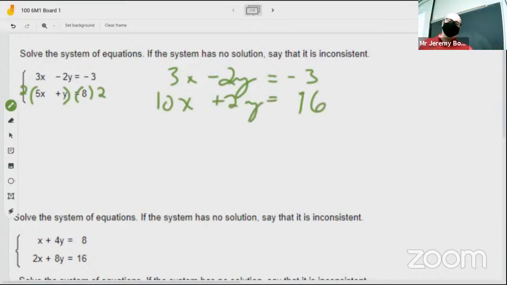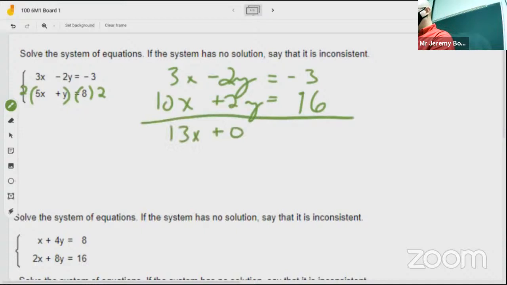Don't forget to multiply it times the right-hand side. And so now if we add these up, we'll have what? 13x plus 0y is equal to 13. Oh, that works out well. And so if we have 13x is equal to 13, divide both sides by 13 and you get x is equal to 1.